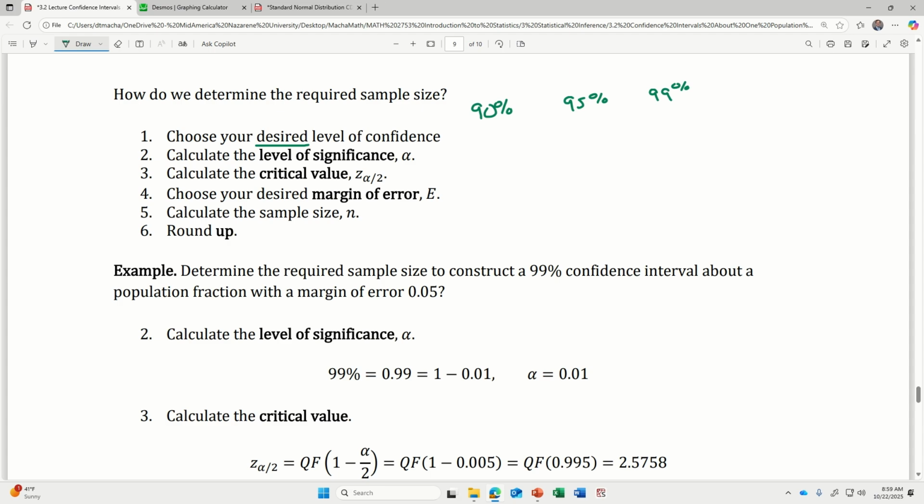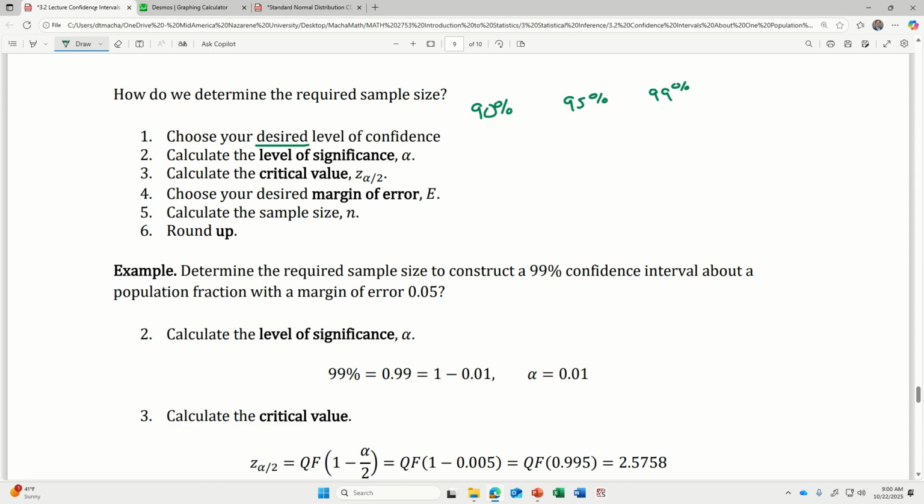It's really up to you, the researcher, to decide how strong do I want my final inferential statistics to be. Obviously, 90% is going to require a smaller sample size. 99% is going to require a larger sample size. So additional confidence costs you on sample size. From your desired level of confidence, we can determine the level of significance. We can calculate the critical value.